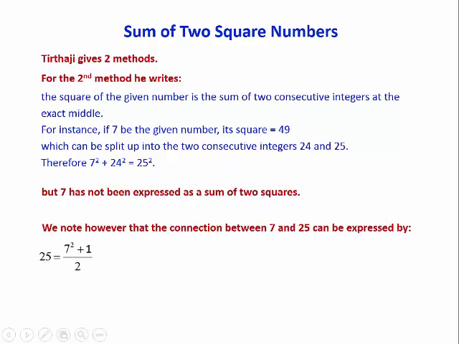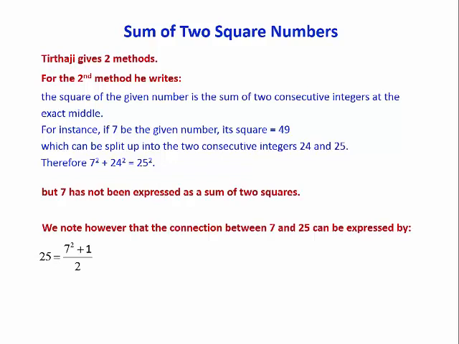Once we've squared our given number, and we've got its square, in this case 49, we can add 1 and divide by 2 to get the largest number of the triple. So 49 plus 1 is 50, and half of that is 25. So 25 is 7 squared plus 1 over 2. So this is a connection between the number, the hypotenuse of the triangle, and the given number.